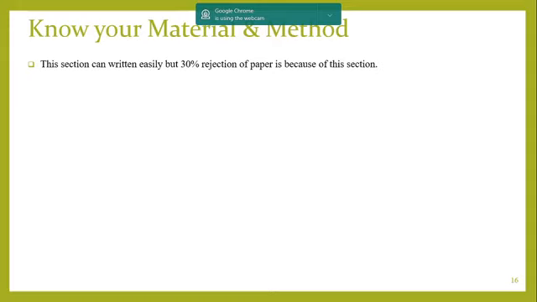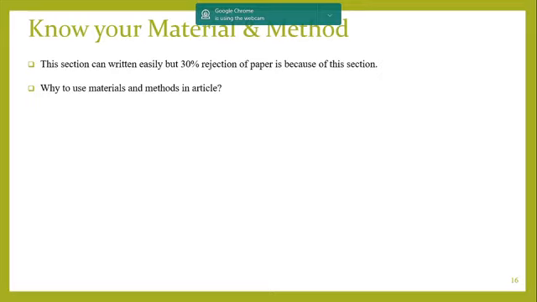When compared to other sections, this is very easy, but still about 30% of papers are getting rejected because of this section alone. Even though it is very easy, people are not narrating it very correctly, very clearly. That's the reason we are getting 30% rejection for papers.